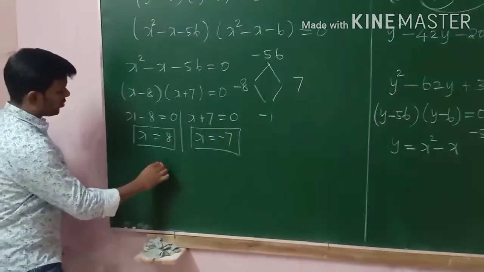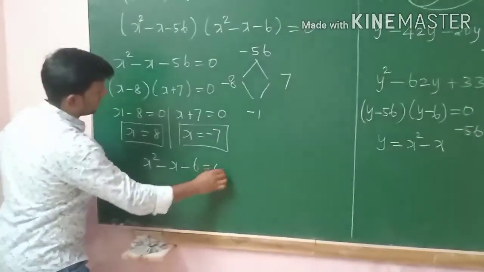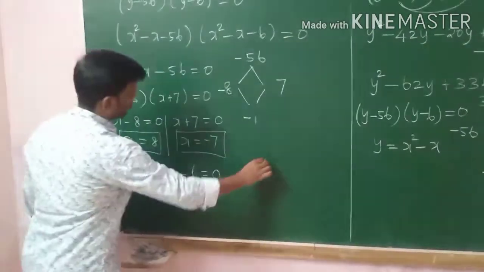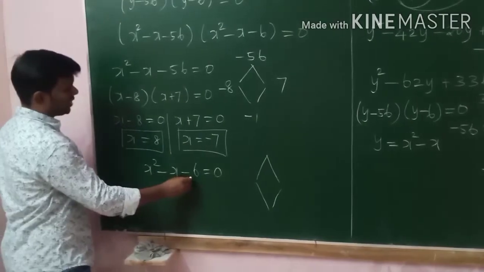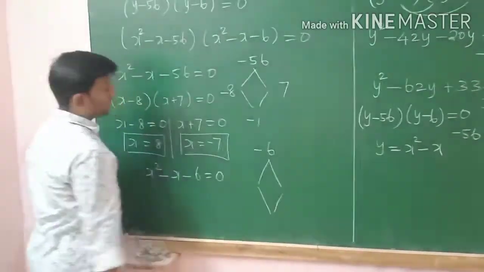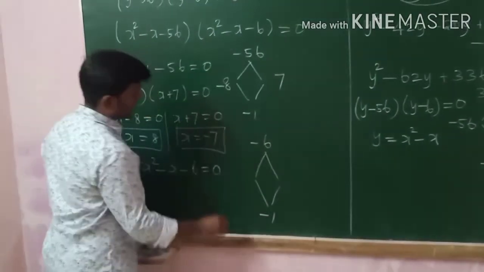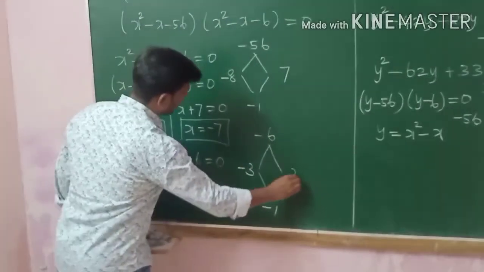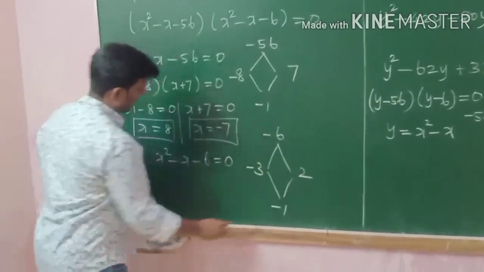Again, the next quadratic polynomial is x square minus x minus 6 equal to 0. So factorize this. Take the coefficient of x square, multiply with the constant term: 1 into minus 6, and coefficient of x is minus 1. So minus 3 into 2 is minus 6, minus 3 plus 2 is minus 1.